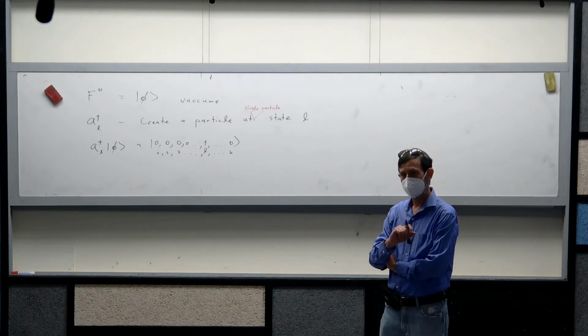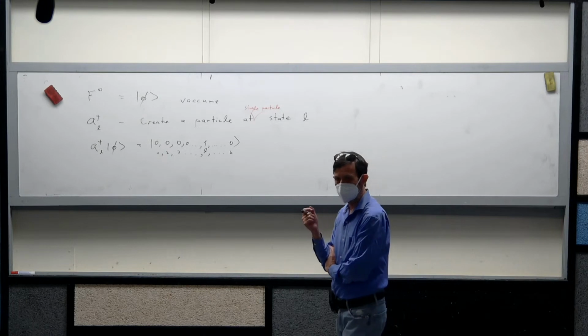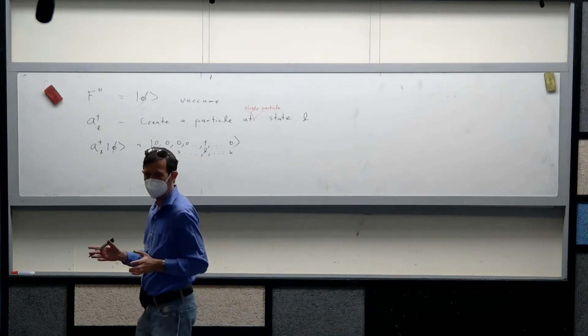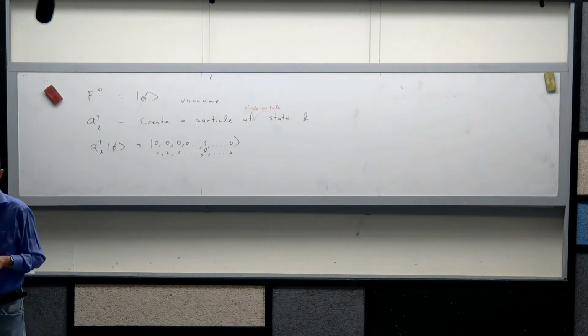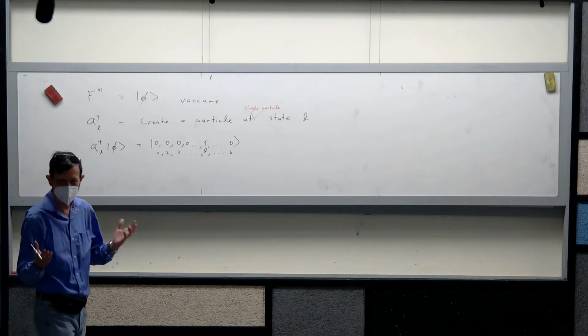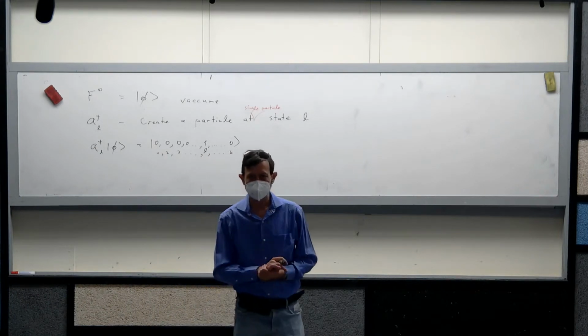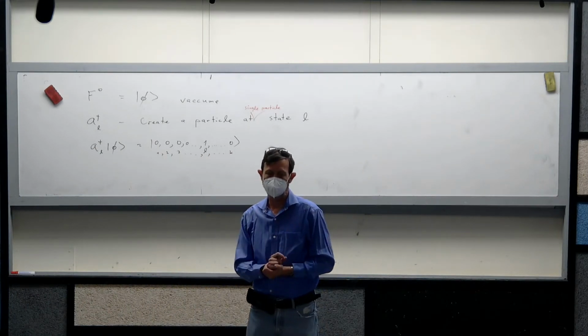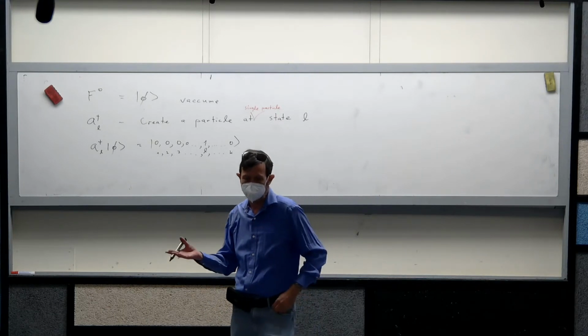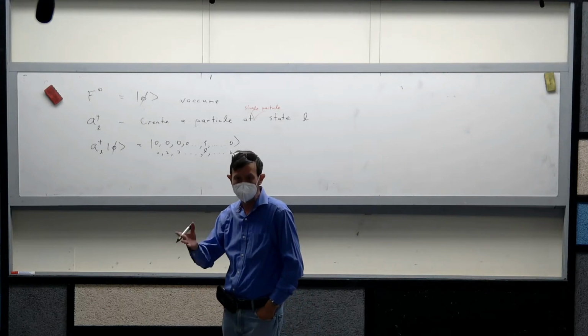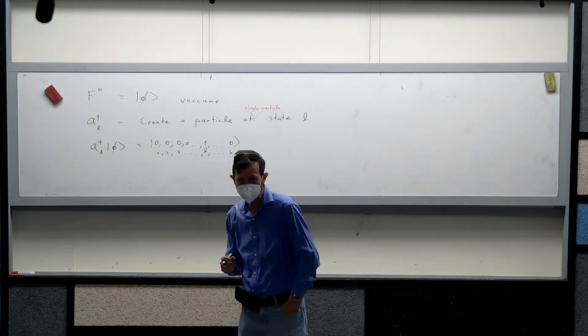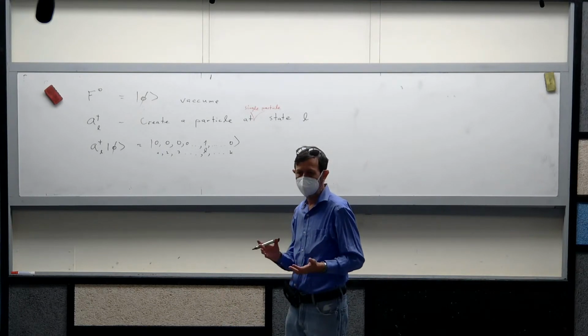Hence the term second quantization. Why? Let's go back to the harmonic oscillator. We had a classical system, we did quantization, and we got a set of creation and annihilation operators that work on some Hilbert space, telling me how many quanta of energy I have in this oscillator.